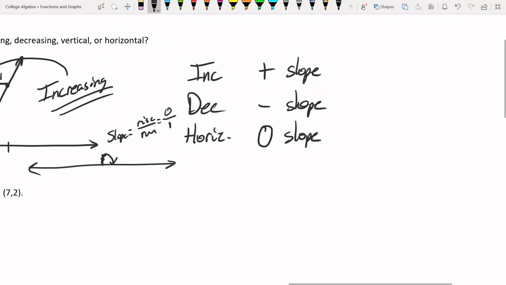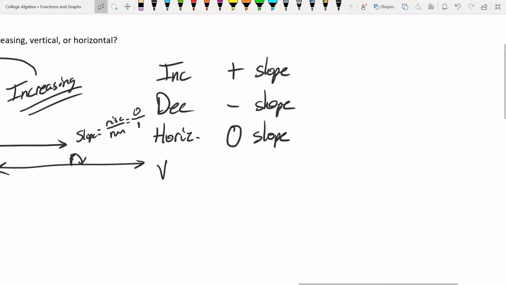Now if we were to think about a vertical line, now we have a line like this. Here, what's the rise? Well, the rise can be 1, it can be 2, it can be any number on top. The run, however, is going to be 0. We're not moving left and right at all.